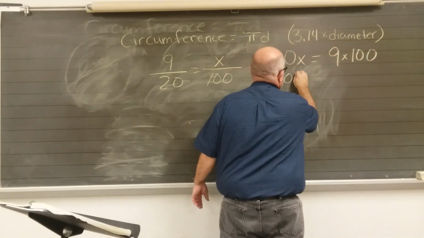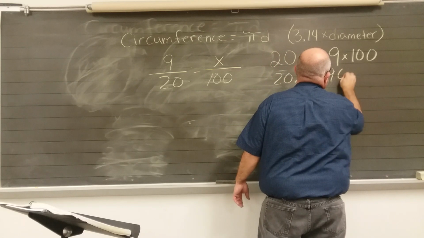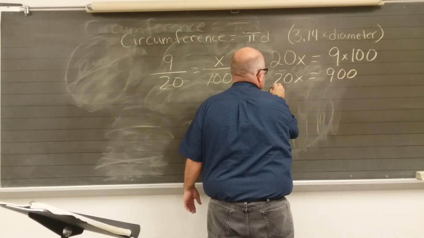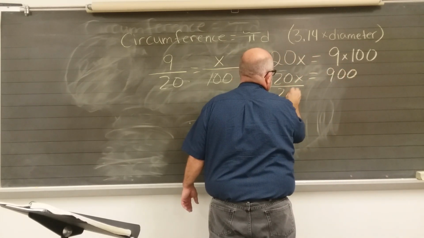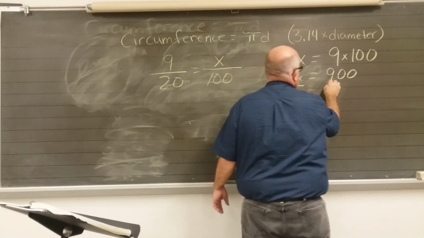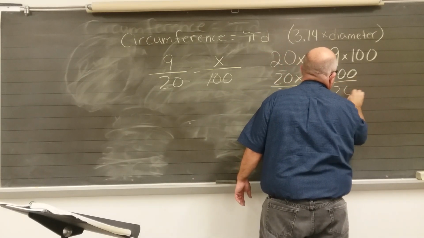20x equals 900. 20x divided by 20 equals 900 divided by 20.